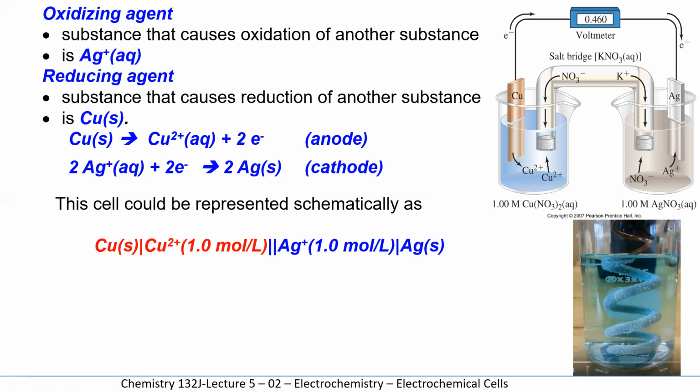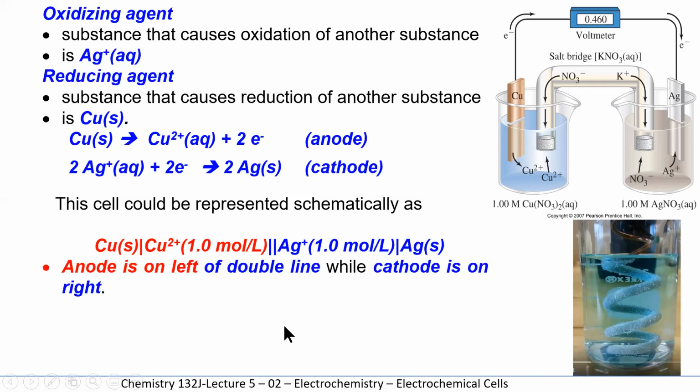You want to use an electrolyte that does not participate in the chemical reactions at the electrodes. Potassium nitrate is one such electrolyte. And on the other side, we have silver ions changing into solid silver. So the anode is always on the left of the double line, and the cathode is always on the right of the double line.